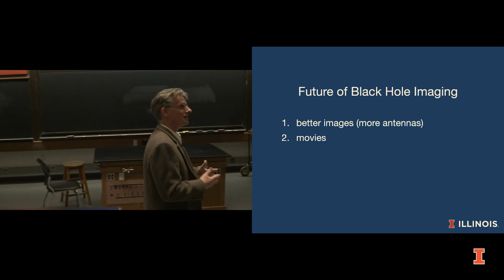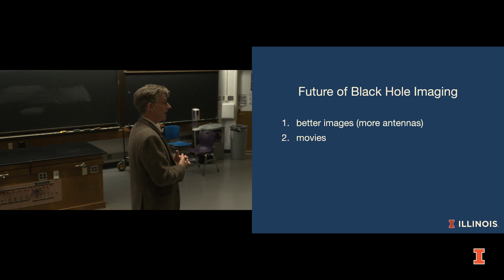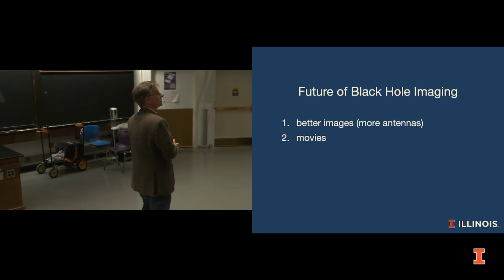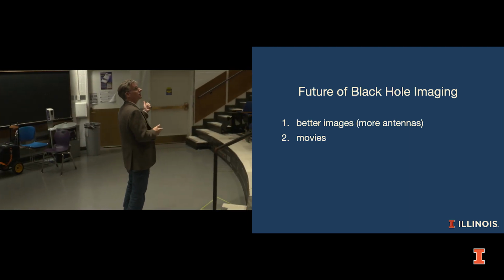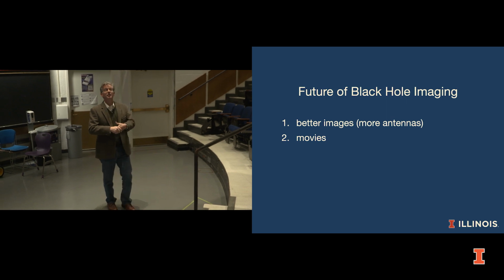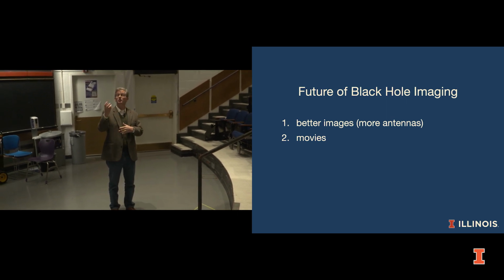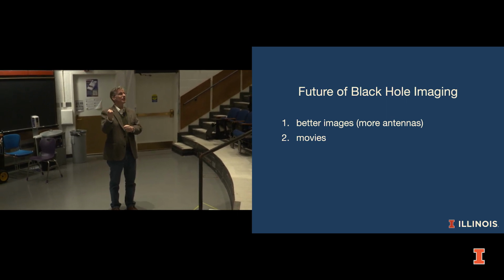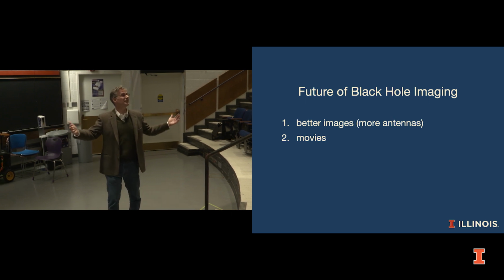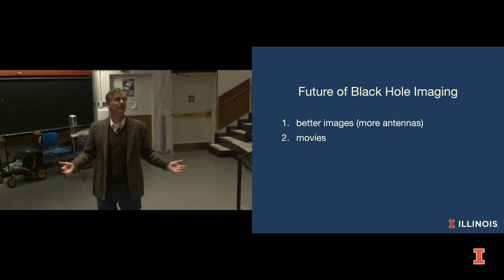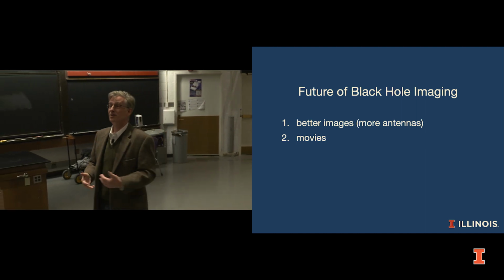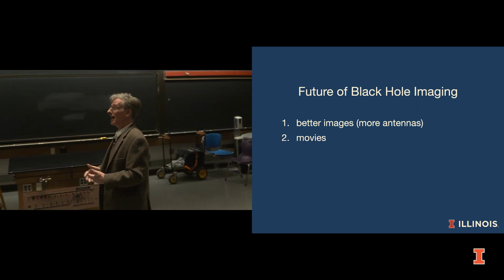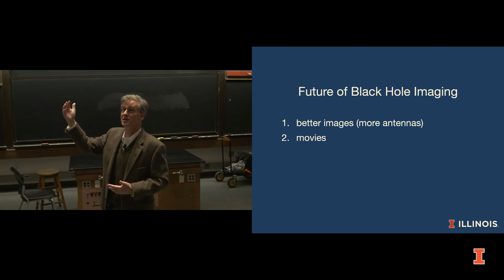Next advance is also already underway, and that has to do with the instrument's resolution. So I said early in the talk that the resolution is proportional to the wavelength of the radiation that you're observing at divided by the size of the instrument, which is 2 times the radius of the Earth. We can't change the radius of the Earth, but we can change the wavelength we observe at. But we're restricted because we can only observe at wavelengths where the atmosphere is transparent.